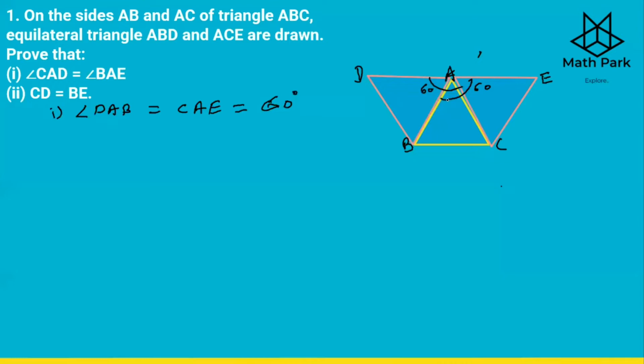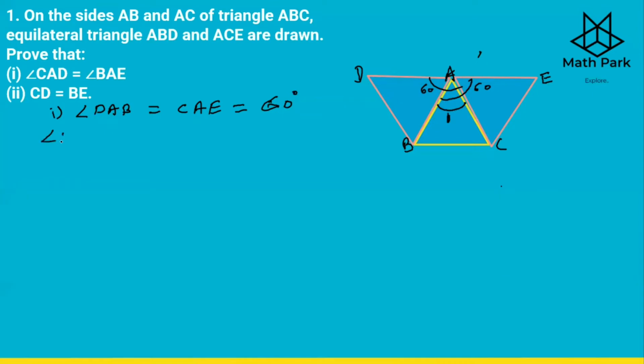What part we are going to prove, that is angle CAD, this angle is common to both. So let me take this part as angle 1, or we can take it as angle BAC. So if I add BAC to DAB, I am going to get CAD. If I add BAC to CAE, I am going to get BAE. So in this equation, we just add angle BAC or angle 1 to both sides.